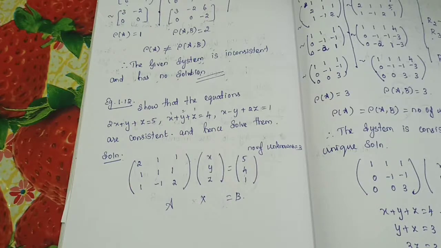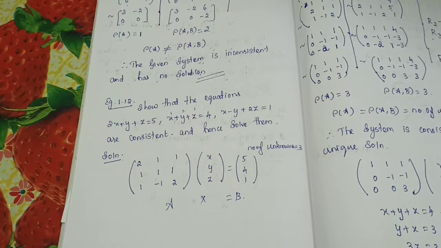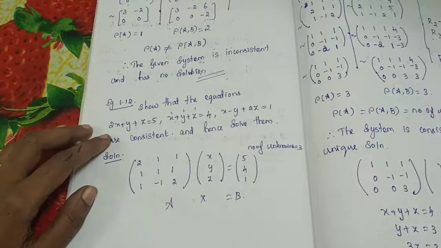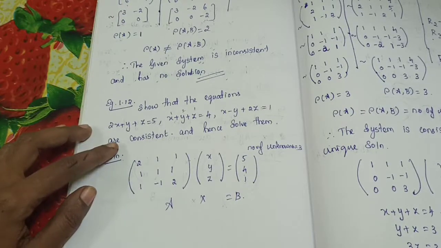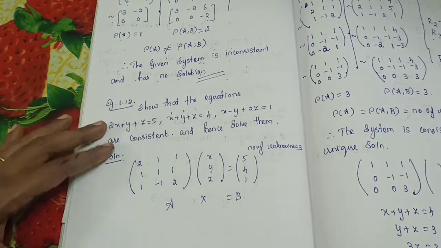Third question is solve the system of equations by using rank method. Fourth question, you need to show that the system is consistent and solve by rank method. Both the questions also with 3 unknowns. Keep it in mind. Not 2 unknowns, 3 unknowns.